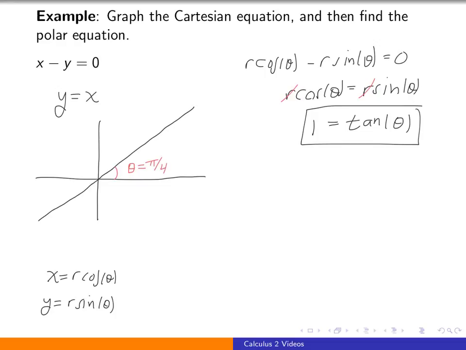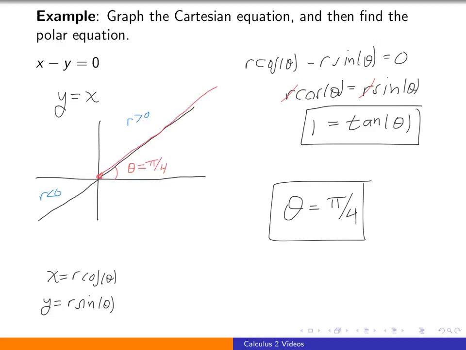So alternatively, another perfectly good equation for this line would be theta equals pi over 4. Now, you may say, well, when theta equals pi over 4, we just get this upper portion of the line. But remember, this corresponds to positive r values, and negative r values would correspond to the bottom half of the line as well.